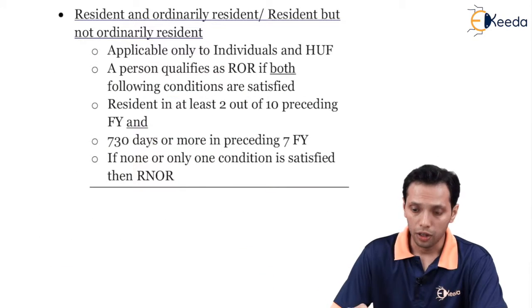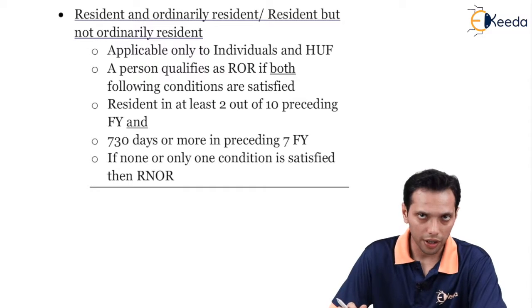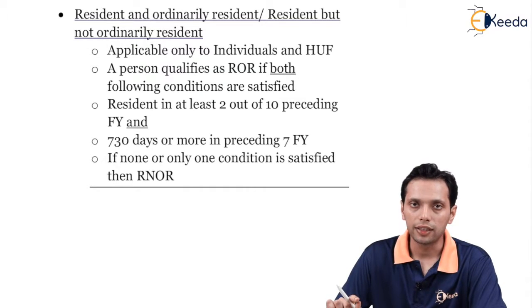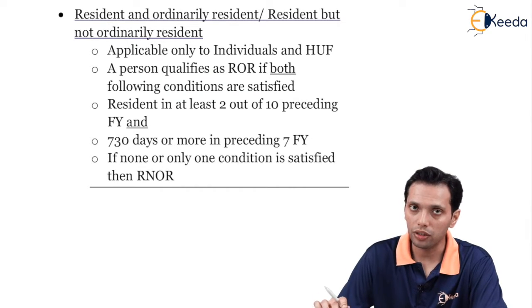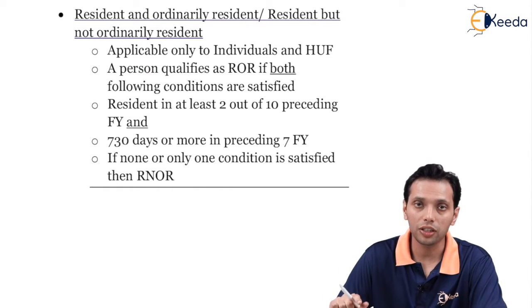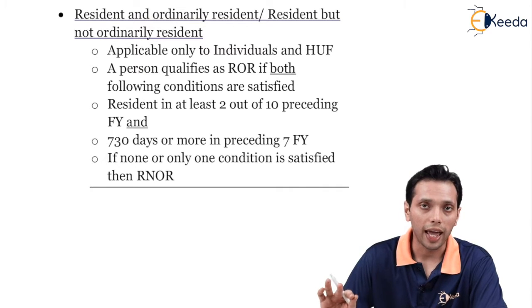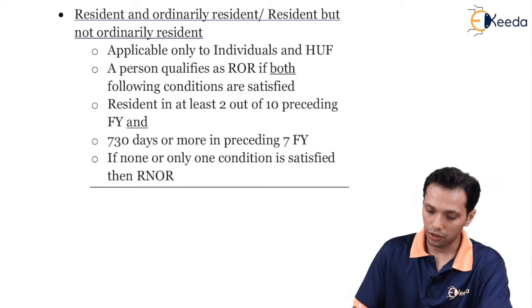So the next concept is RNOR and ROR, which we have already discussed, wherein 7 years 730 days or more, and in 10 years at least 2 years he should be resident. If both the conditions are satisfied, then a person will qualify as ROR, else the person will qualify as RNOR.